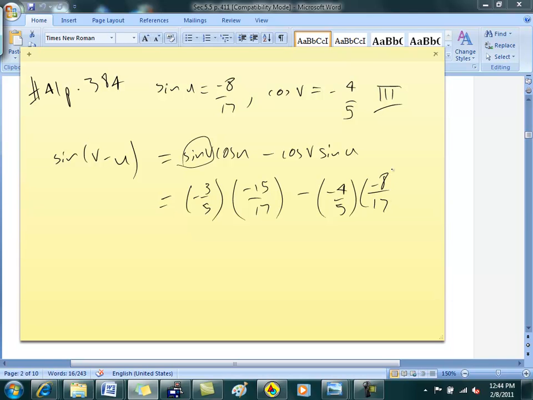It looks like you probably made some mistakes in your arithmetic. So this is 45 minus 32 over 85. Should be 13 over 85. That's what the answer is in the book as well. Probably looked at the wrong problem.